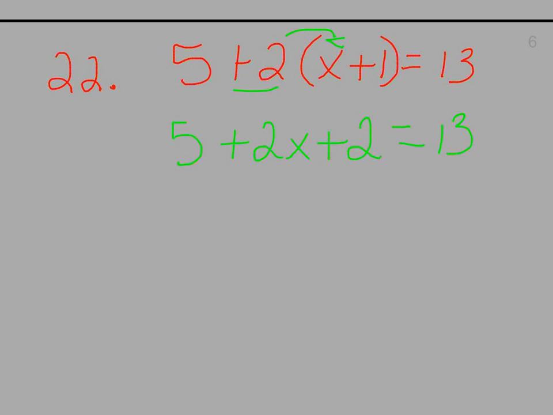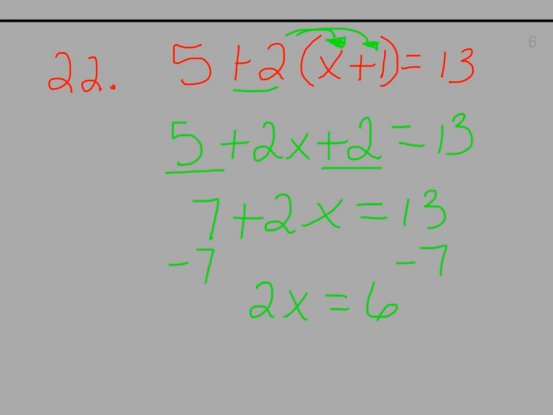Now I combine my like terms, which is 5 plus 2 gives us 7. 7 plus 2x equals 13. Now to get my x by itself, subtract 7 from both sides. Gives you 2x equals 6, divide by 2, and I end up with x equals 3.